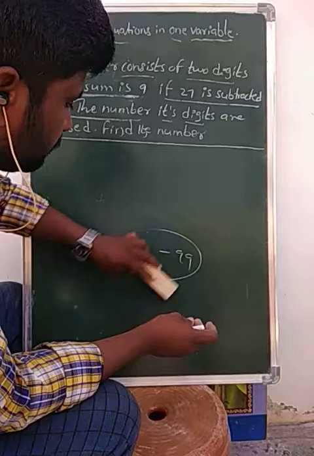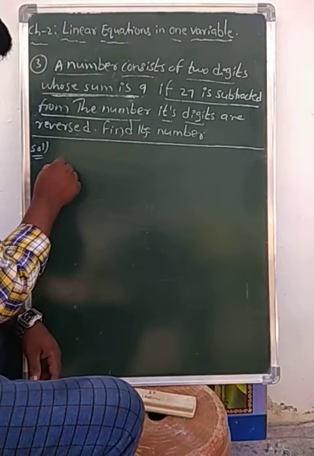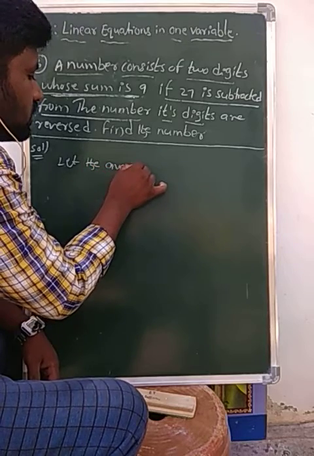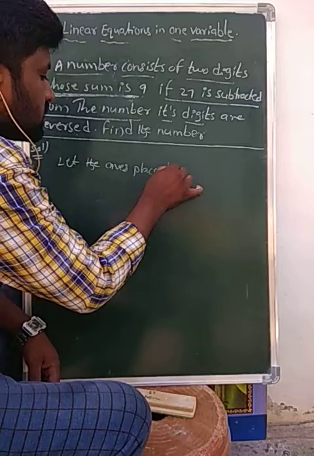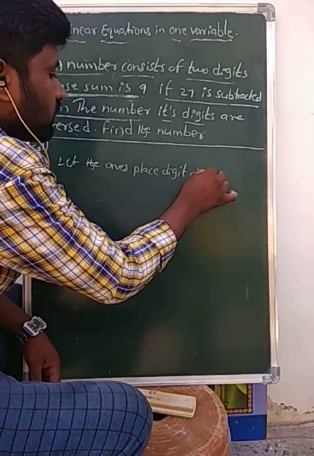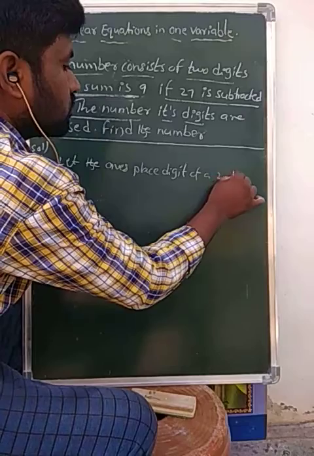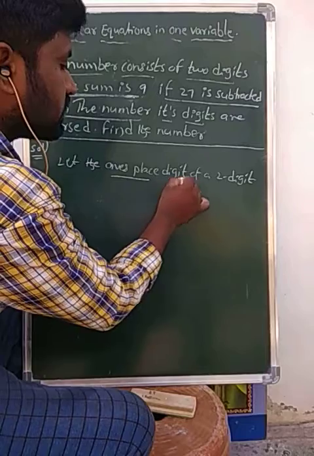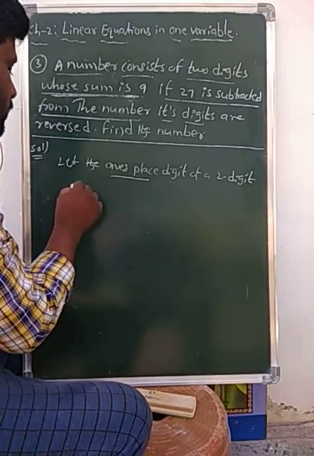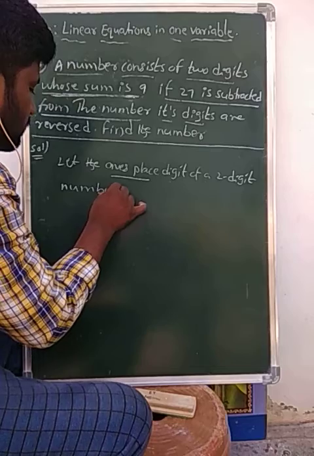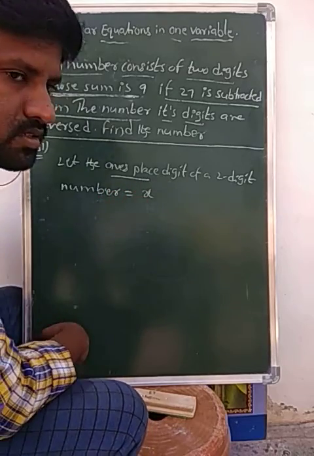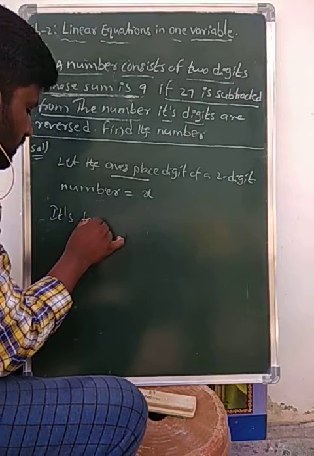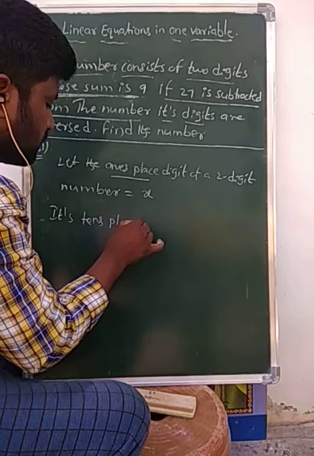See now, let the ones place digit of a 2-digit number be x. Then automatically it's a tens place digit.